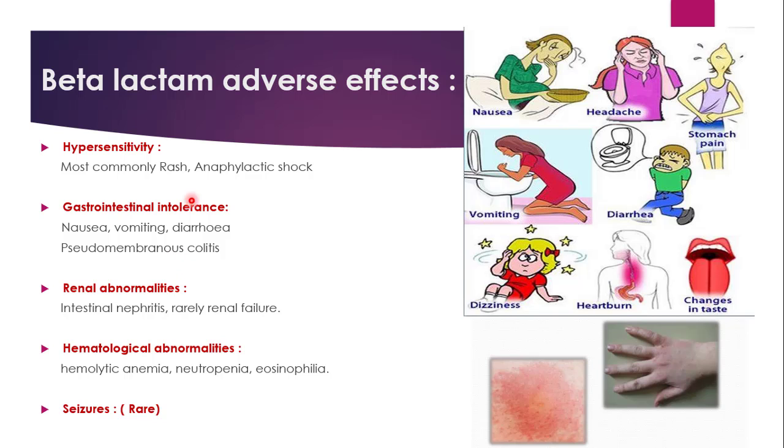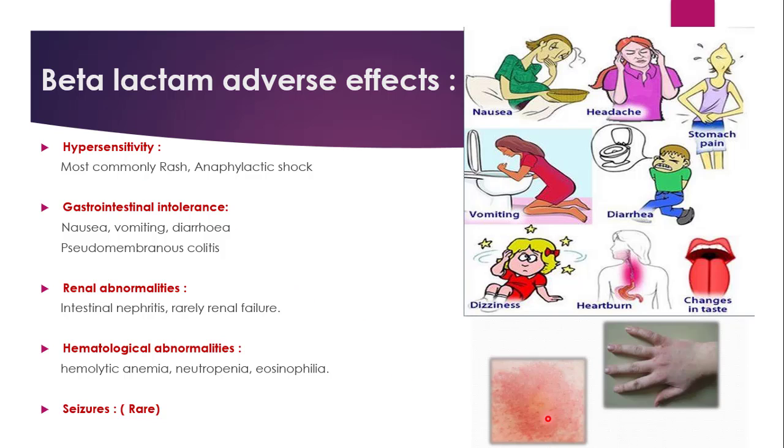Looking at the adverse effects, this image is self-explanatory, where you will find some GI intolerances such as nausea, vomiting, then diarrhea is also there. So these are gastrointestinal disturbances. Then most commonly rash, anaphylactic shock.